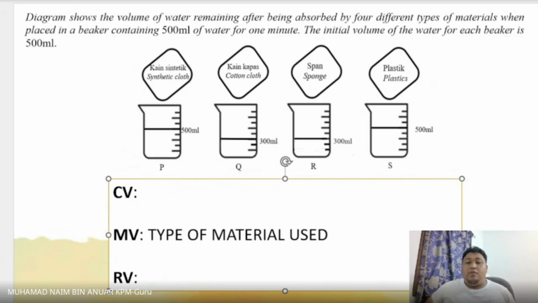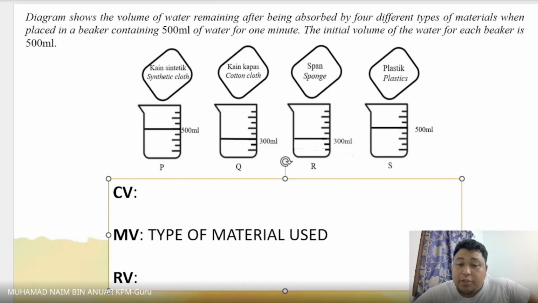Come on, go. Who is cool cat? I want to know. Good, Arcade, good job. All get different water volume. Good, almost correct. Now, to answer this, you must also understand what happened in the experiment.